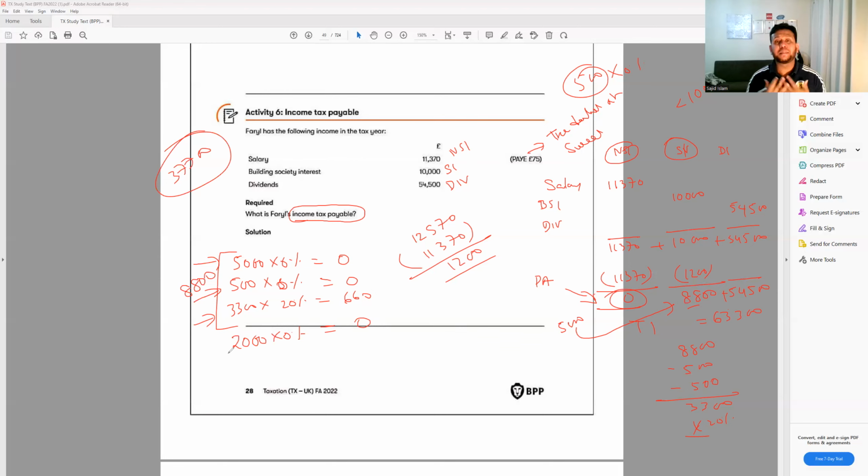The next one, we're going to look at how much of the basic band is remaining, so that I can use it for the basic tax rate on the dividend.